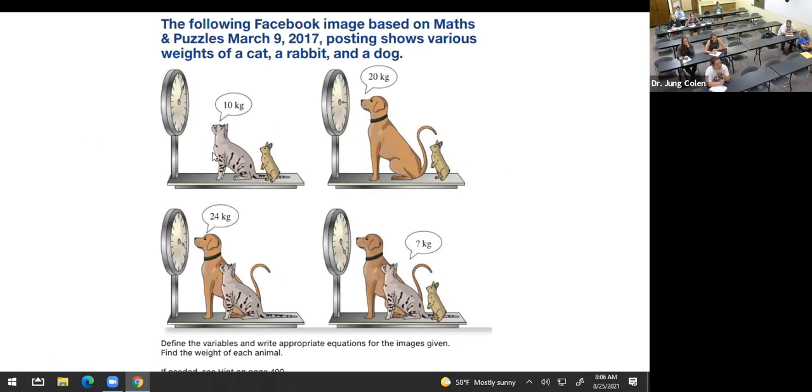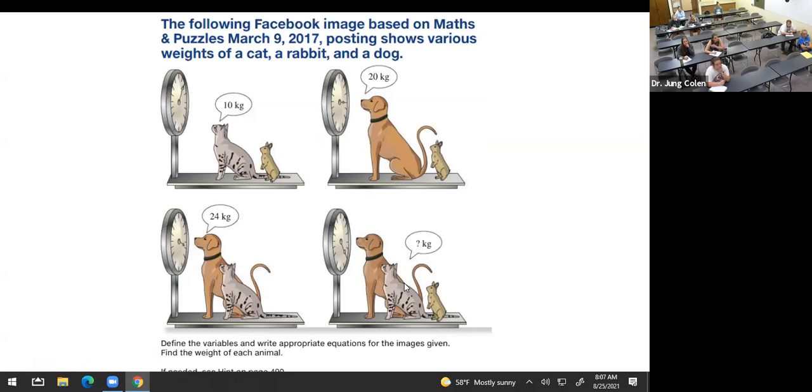Okay, so you can see that together the cat and bunny weigh 10 kilograms. Dog and the bunny together 20 kilograms. Dog and the cat together 24 kilograms. We want to find out how about all three animals together, how much do they weigh? And even further, I wanted to find how about individual animals weight. Can you find it too?